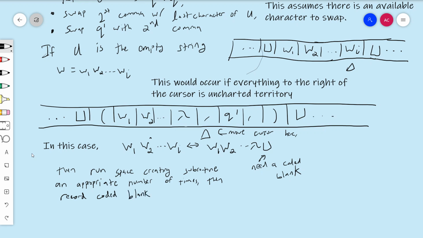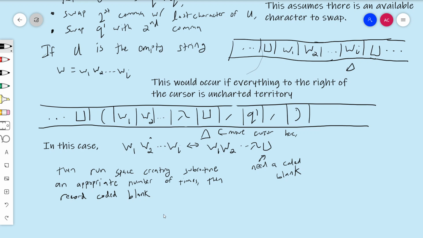So basically what that'll leave me with is, maybe I'll just record it here, a blank, but it's a coded blank. This is not a blank. This is several things. This is a binary representation of M's blank. But then I have a comma, and then I have Q prime, and then I have another comma, and then I have close parentheses. Yeah, the stuff to the right is still nothing.